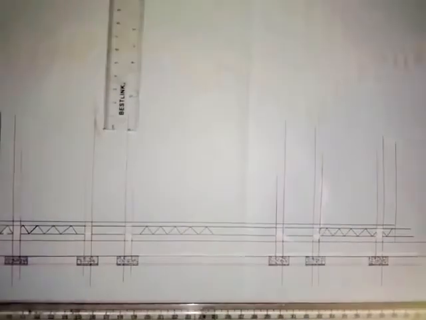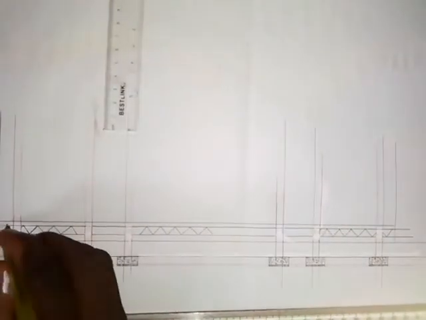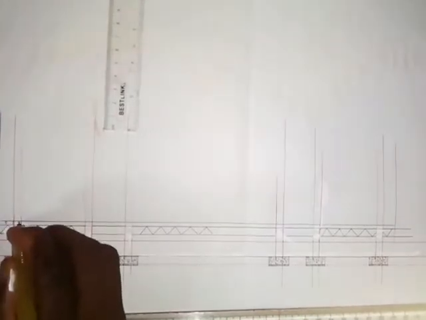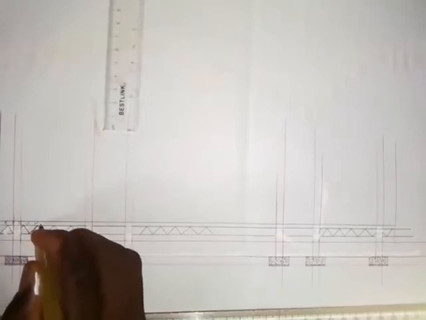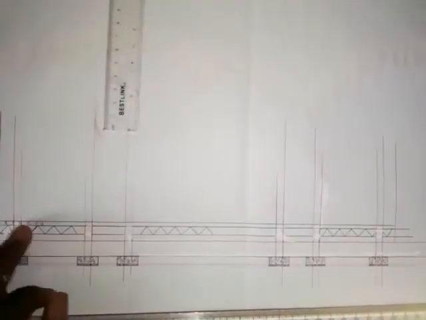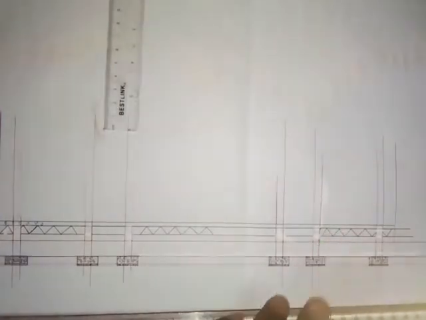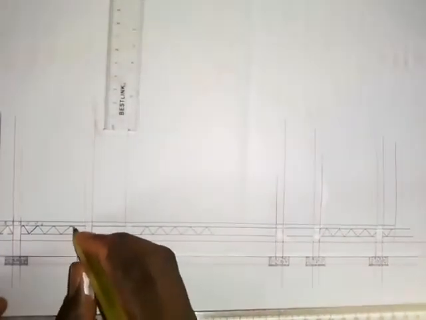Okay, so I'll put a regular circle here, and for the hardcore, you don't have to complete everything. As I did it here, I put it here and I put it here. You don't have to complete everything, so just take note of that.